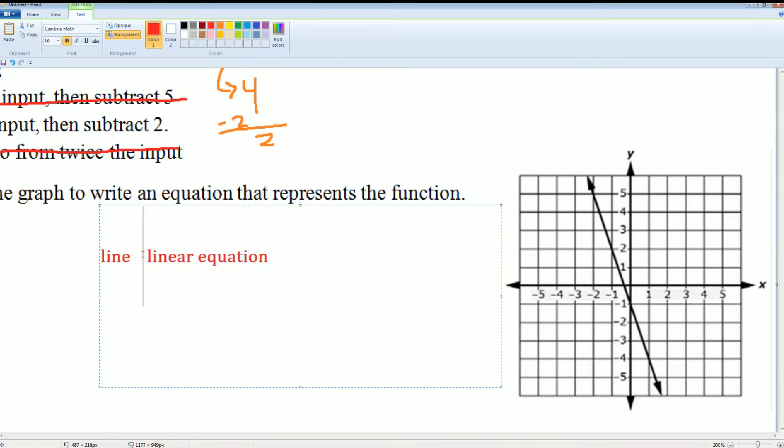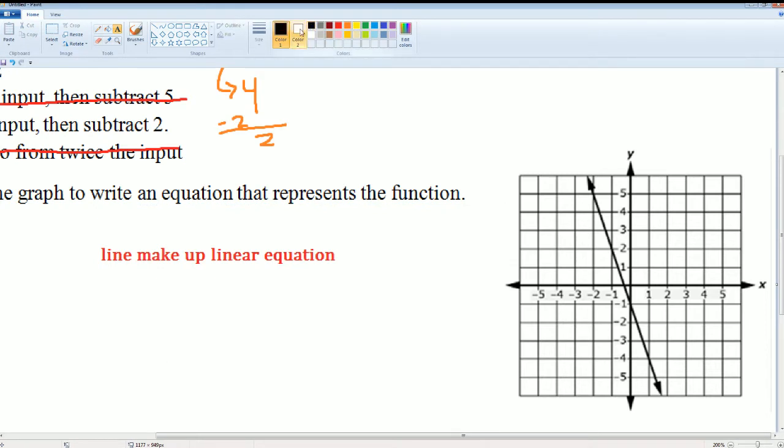Okay, all lines make up a linear equation, so we can just write it. y is equal to mx plus b, where m is equal to the slope, which is delta y over delta x, and b is your y-intercept, which is your starting point.